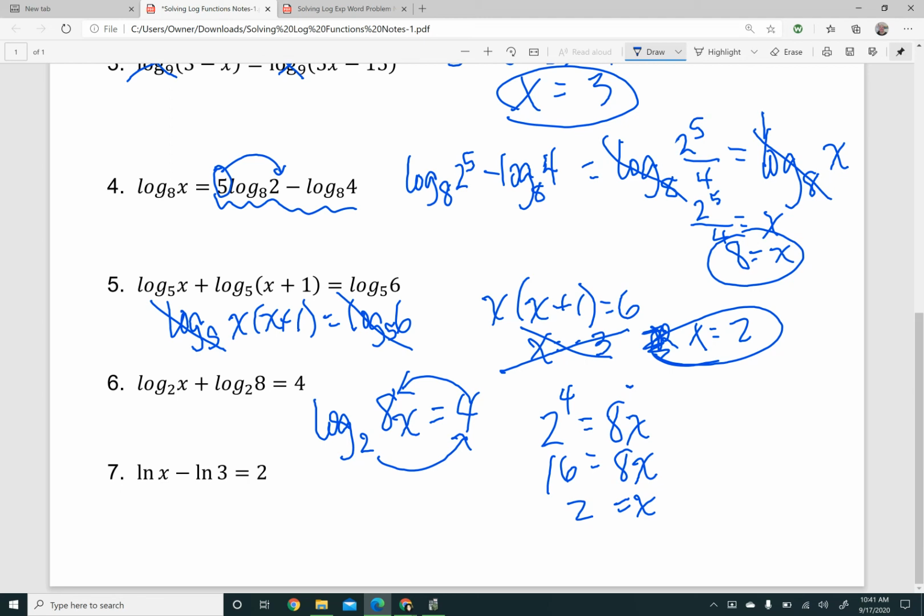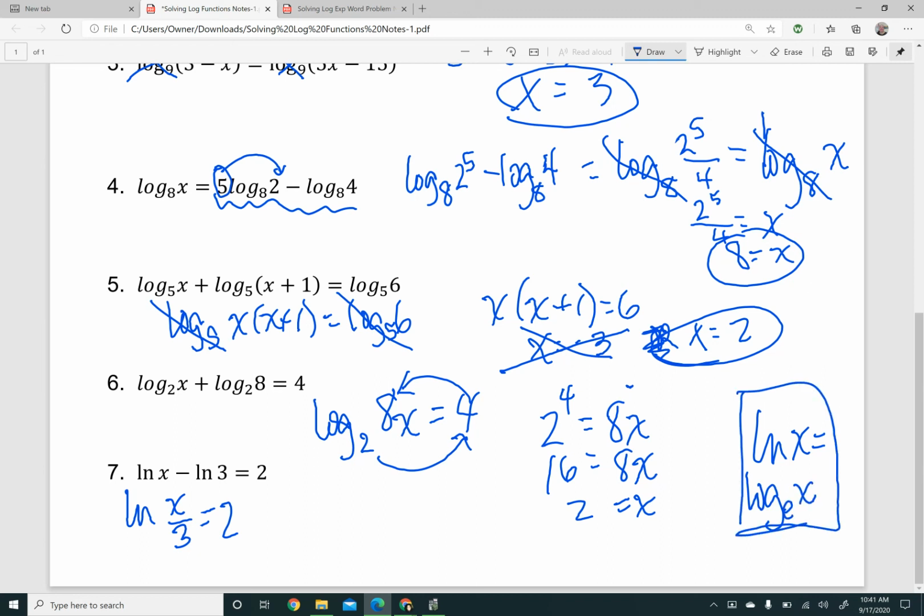Okay, so same thing here. The ln of x divided by 3 equals 2. Well, how would we rewrite this? What is ln? What base is ln? Well, remember that ln of x is the same thing as log base e of x. So this is base e, right? So this is like saying this has base e in it.